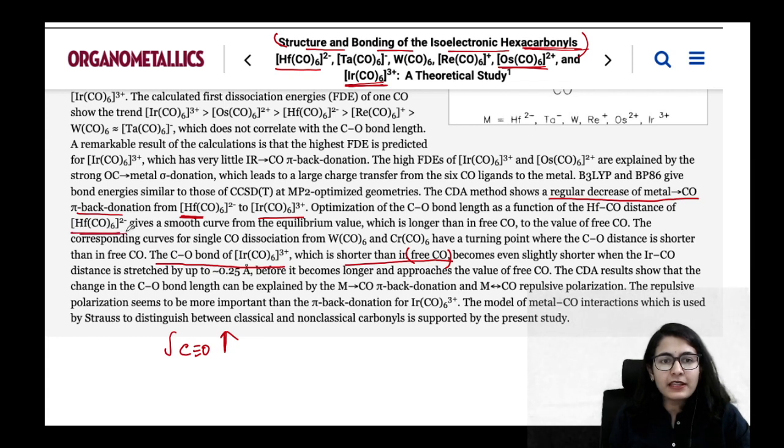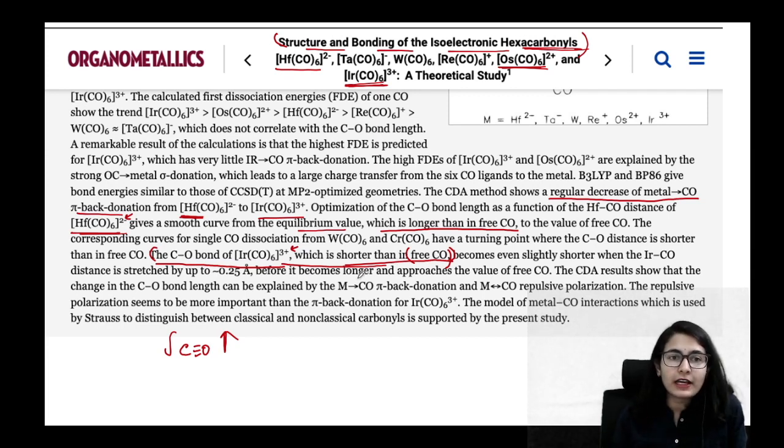Yes, for the hafnium it gives a smooth curve from the equilibrium value, which is longer than in the free carbonyl. So obviously it is going to be longer because the hafnium has a 2 minus charge and iridium has a 3 plus charge. So this is the evidence. You can read out the whole paper to see in what context it is talking and how it is comparing all the values, right? But here we see the carbonyl bond of iridium is shorter than in the free carbonyl and hence a higher stretching frequency.